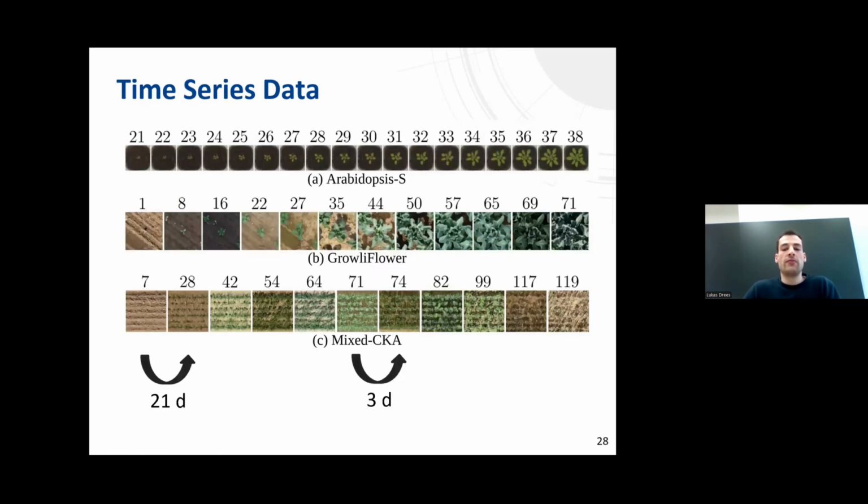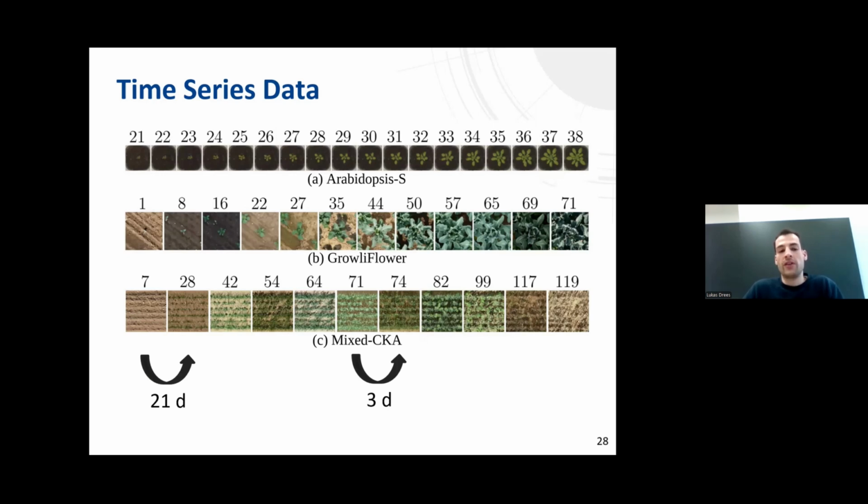So when you now have a look at the sequential data sets I used during my thesis, the equidistant assumption is not always fulfilled. So the number over the images is the day after seeding. And of course, there are data sets where it is fulfilled, for example, the Arabidopsis data set in the top row.